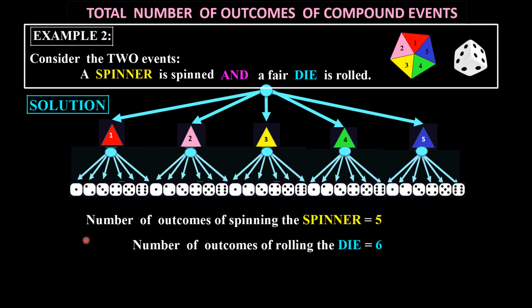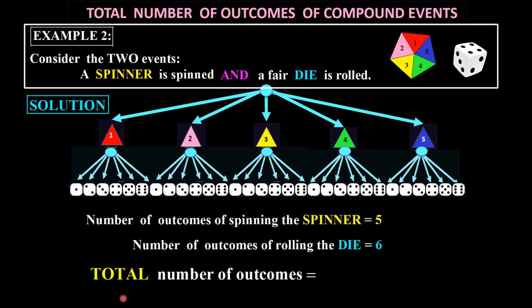So now we want to find the total number of outcomes. Counting, we have 6, then another 6, which is 12, and another 6, which is 18, then 24 and 30. So the total number of outcomes here is 30.